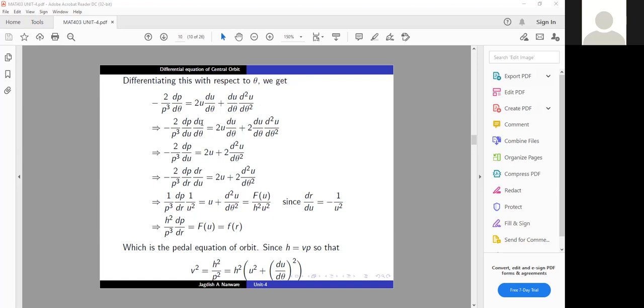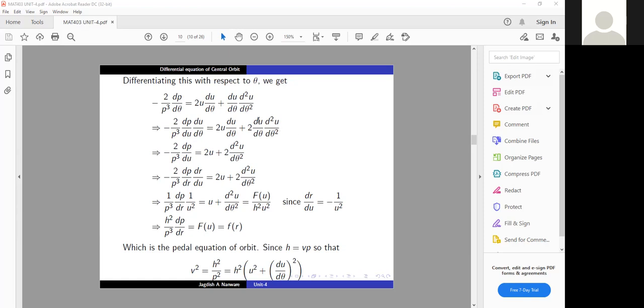So du by d theta, dp by d theta. p is a function of theta, and we know by chain rule this p is a function of u and u is a function of theta, and therefore we get by chain rule the left hand side as minus 2 upon p to the power 3, product of these two derivatives, is equal to the right hand side.